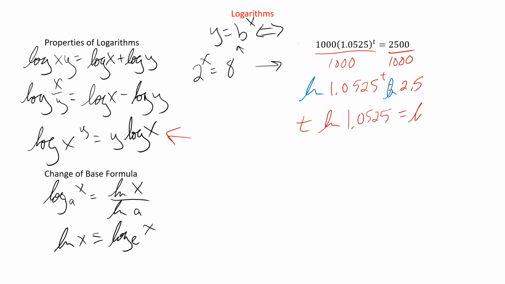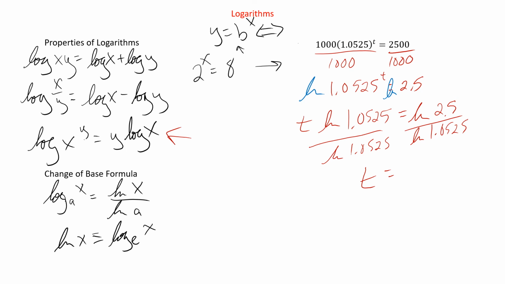And that'll equal the natural log of 2.5, which is also just a number. So we can divide by natural log of 1.0525. So we get t equals, and this calculation you would do in your calculator.